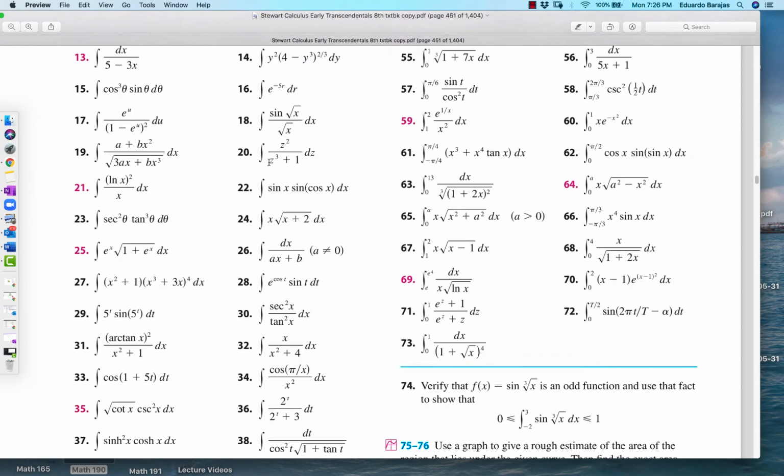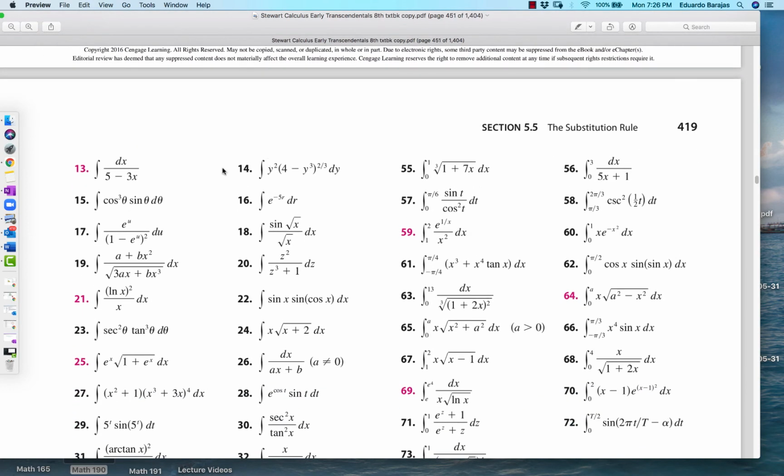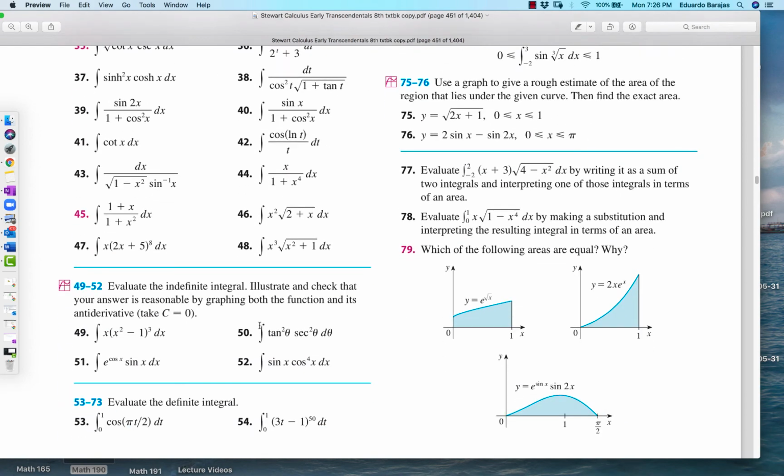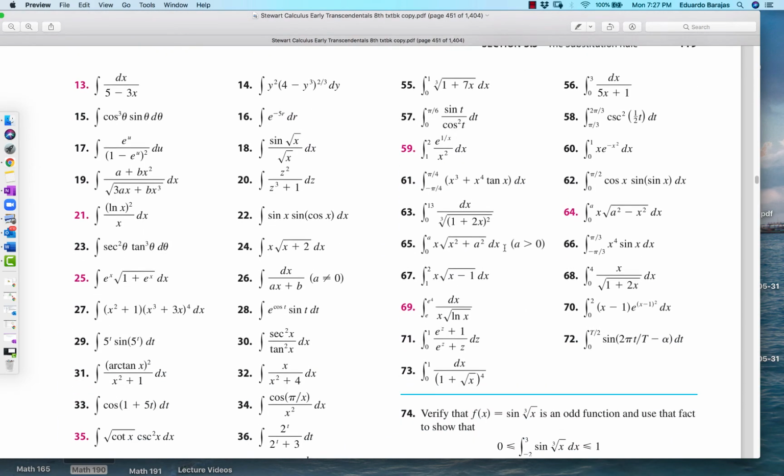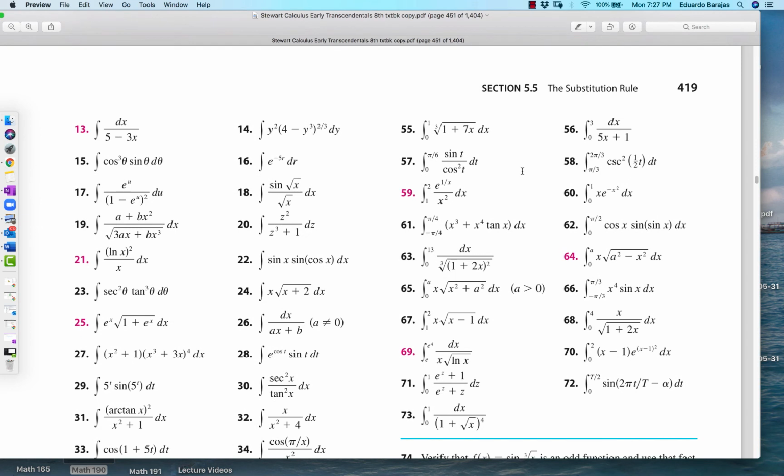Okay, so looking at the homework problems on 5.5, over here we have a lot of indefinite integrals. And now let's try some definite integrals. How about we start off with something easy like, say, number 56.